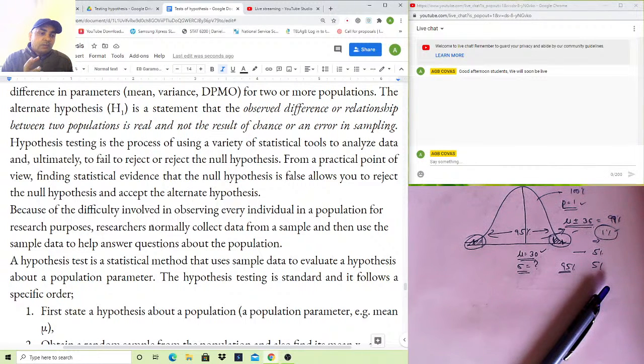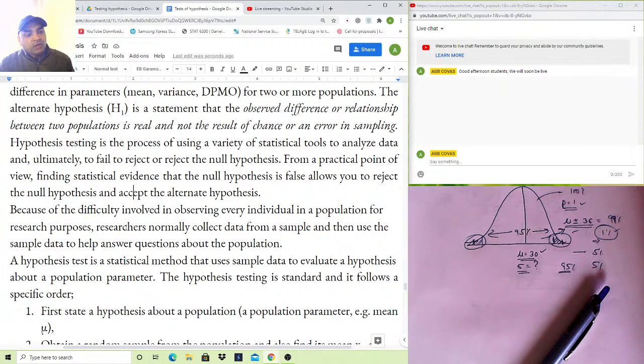From a practical point of view, finding statistical evidence that the null hypothesis is false allows you to reject the null hypothesis and accept the alternate.